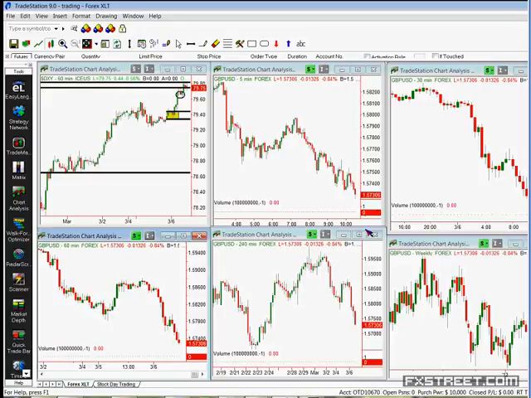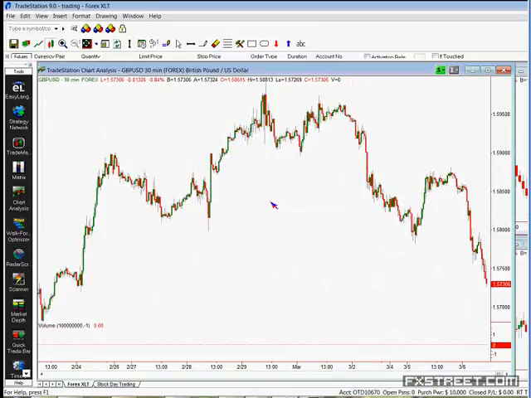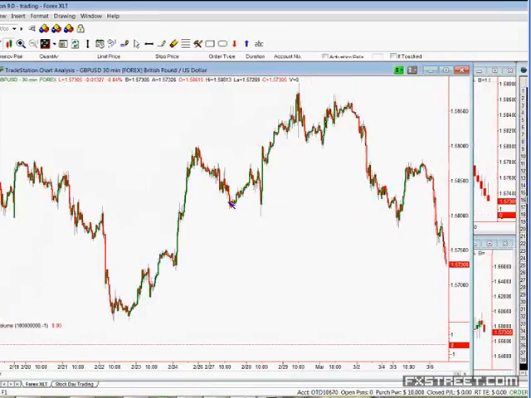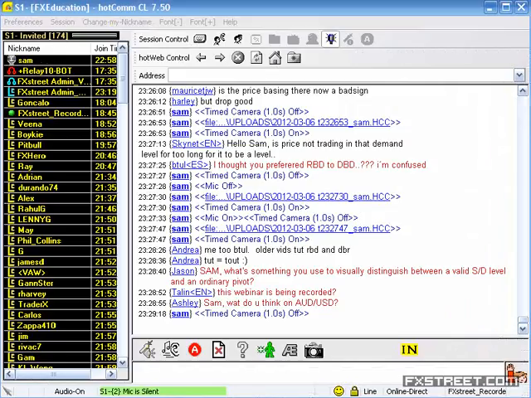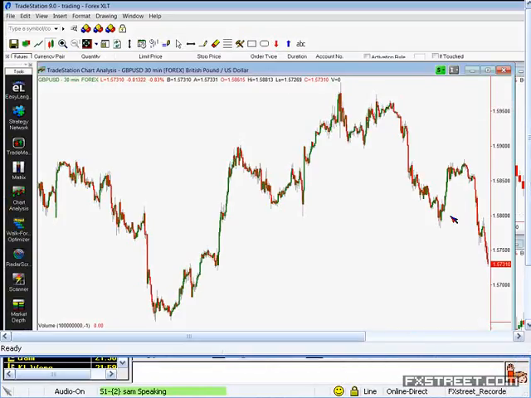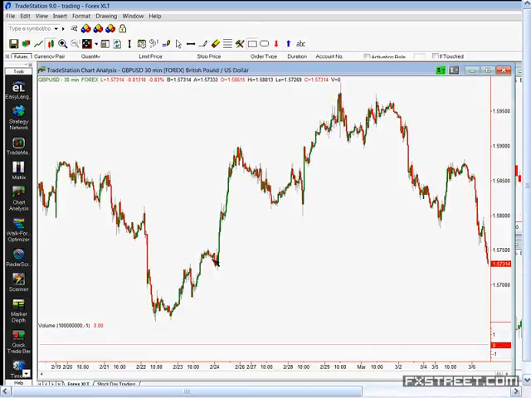Let's investigate this on a smaller time frame and see if we can map out an entry point. What I'm going to do here is draw in the two fresh levels, one fresh level above and one fresh level below.